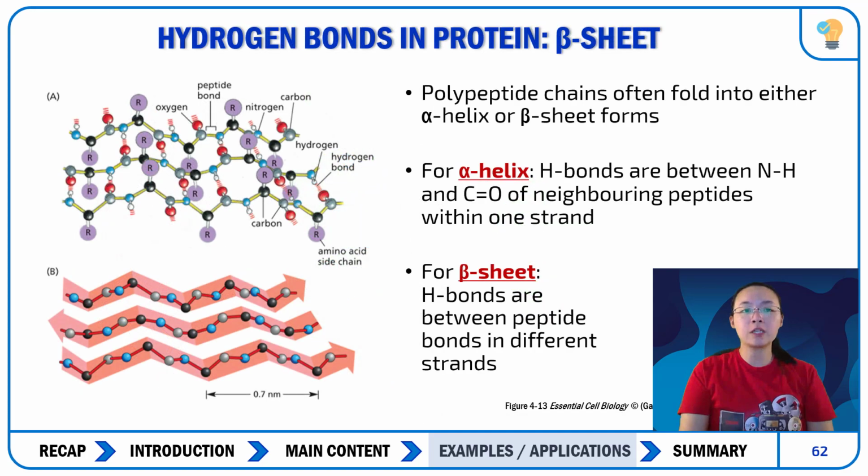For a beta sheet, you have hydrogen bonds between peptides in different strands, and that forms a sheet instead of a helix. Depending on what types of preferred hydrogen bonds are present, that's going to tip the scale towards a more favorable configuration for a protein, whether it turns into an alpha helical structure or a beta sheet structure.